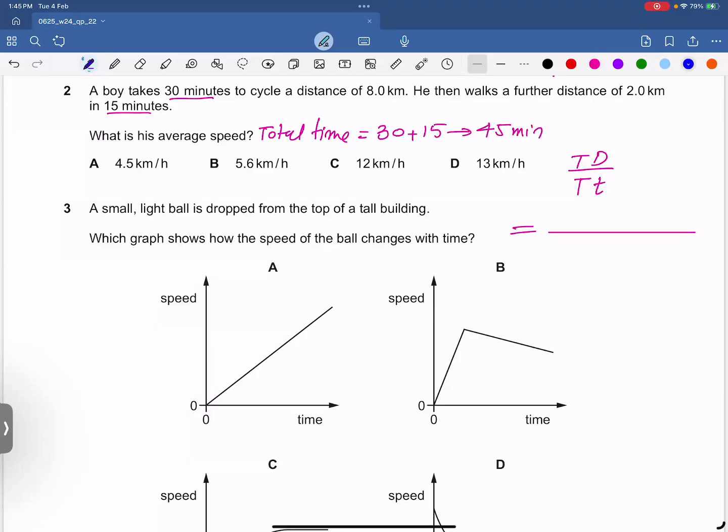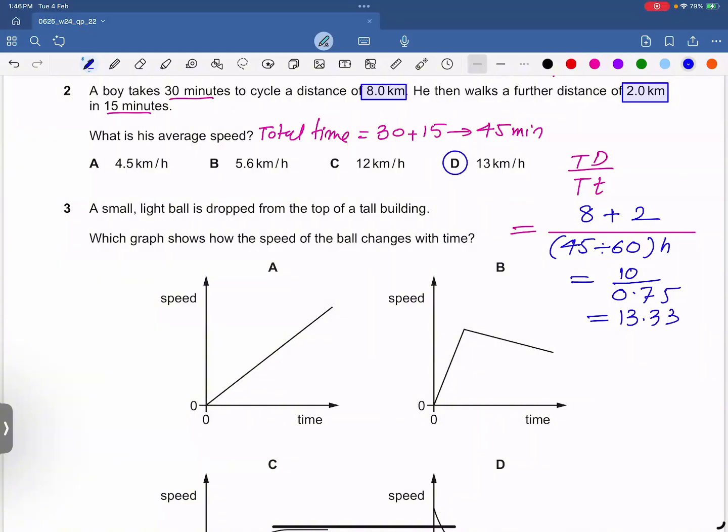Divide by 60 so that it becomes hours, giving 0.75 hours. The total distance is 8 plus 2, so 10 kilometers, divided by 0.75. That gives 13.33, and the right option is D.